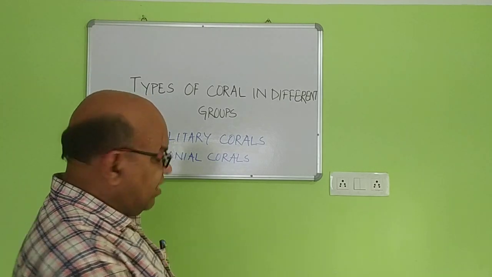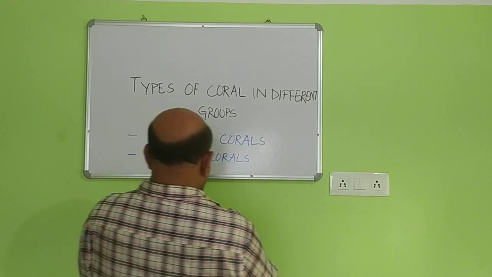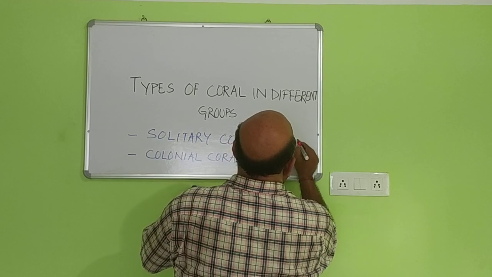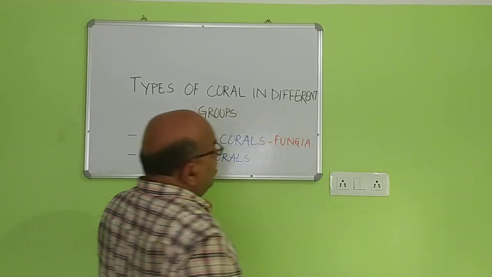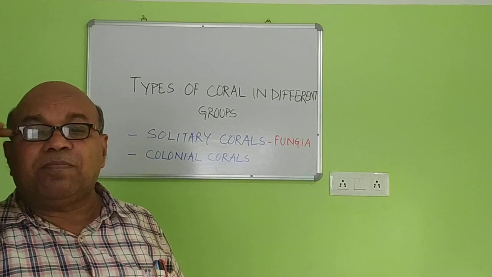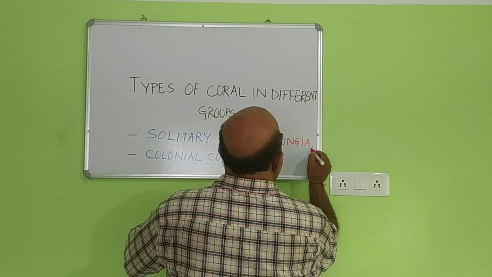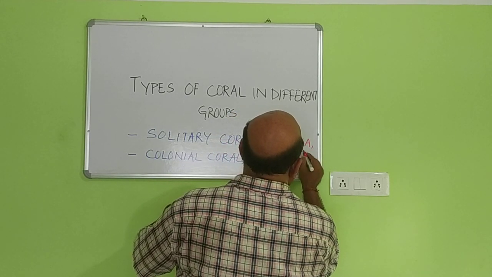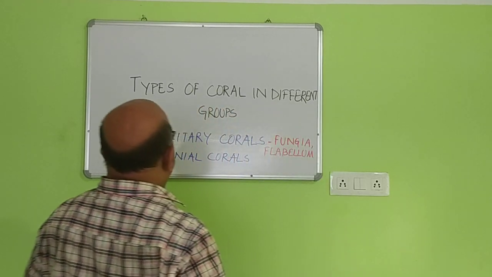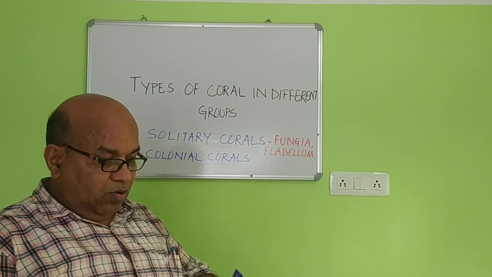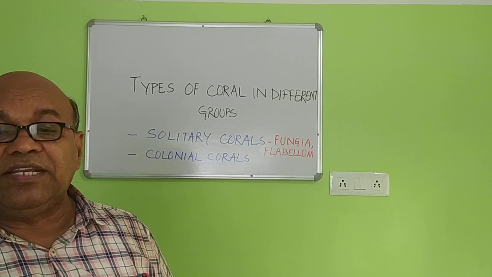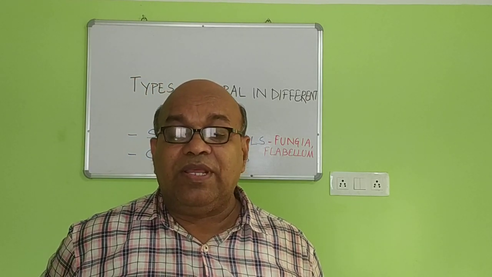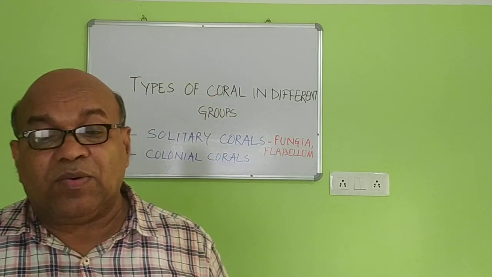Fungia and Flabellum. These are the best examples under the solitary corals. All the time they remain in a lonely manner. They have no colonies, and so they are called solitary corals.